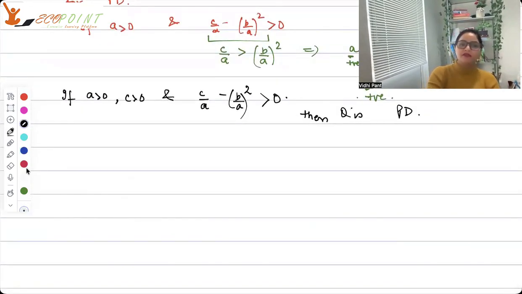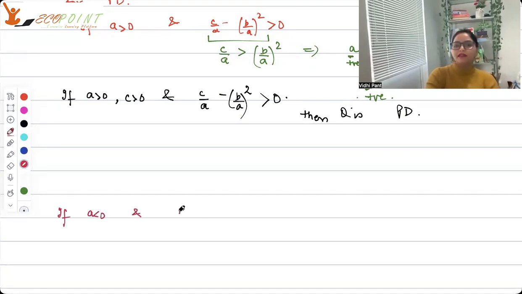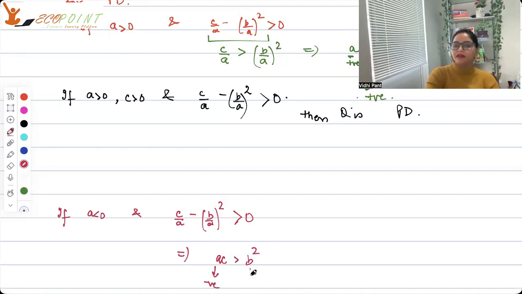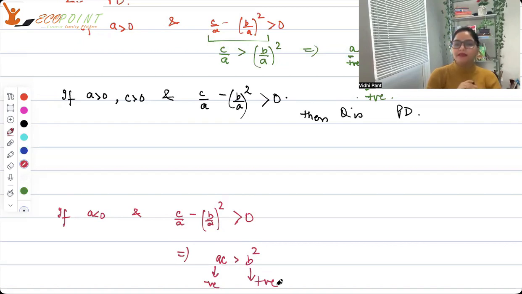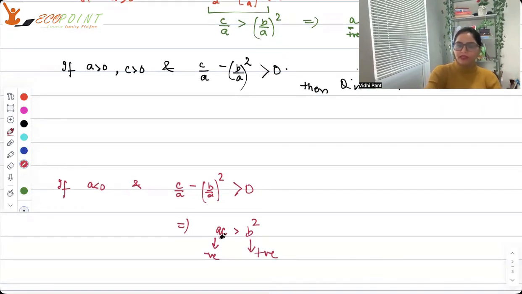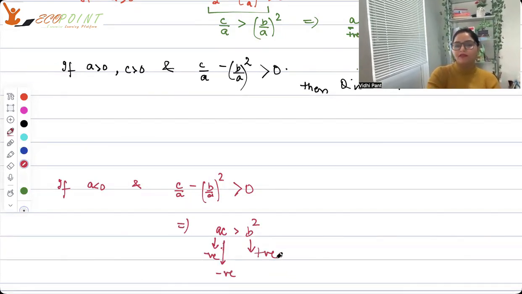Similarly, if a is less than 0 and c by a minus (b by a) square is strictly greater than 0, now what do you get from here? Well, this will give you that ac is greater than b square. This time a is negative and b square is still positive. Now how can ac be more than a positive number when a is negative? Only in case c also is negative, and negative multiplied by negative gives you positive.